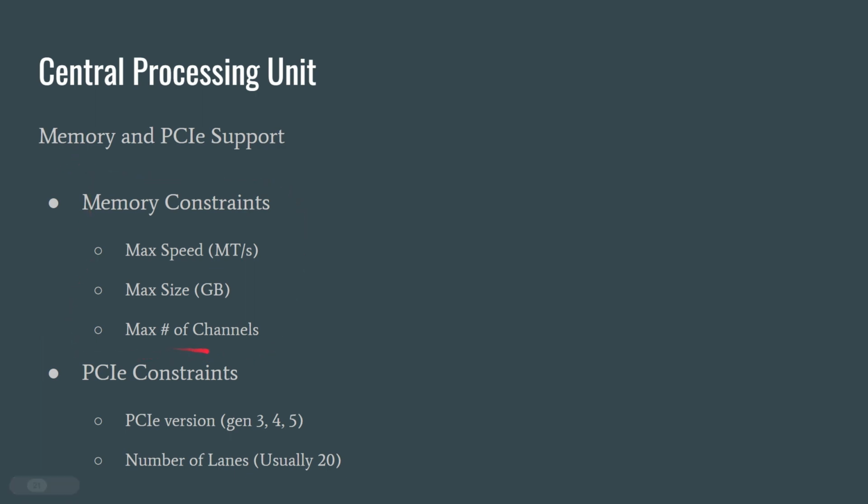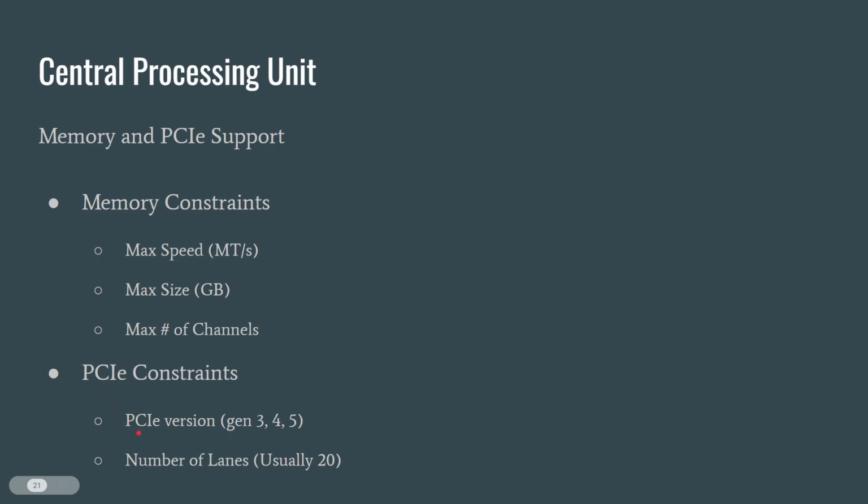And then for PCIe, PCIe stands for Peripheral Component Interconnect, and it is basically the way that the CPU talks to other peripheral devices, such as the GPU, storage, or a network card. The E stands for Express, because PCIe is a newer version of the original PCI.